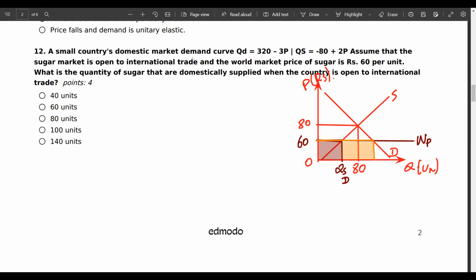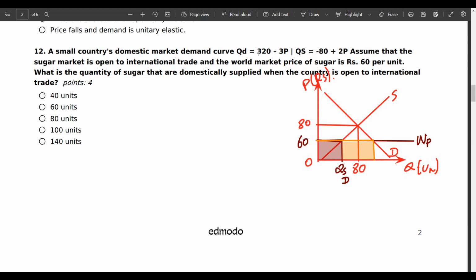At 60 rupees, demand is way high. Demand is going up and supply is coming down. That's what's happening. Due to this international market intervention, price came down to 60. As a result, domestic market supply came down, but the demand went up, right?